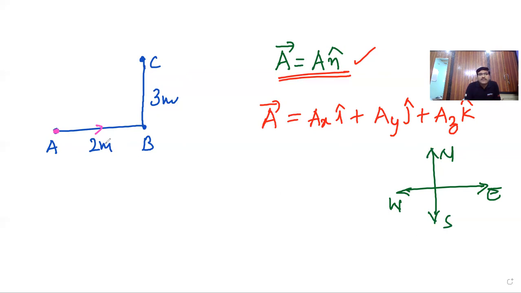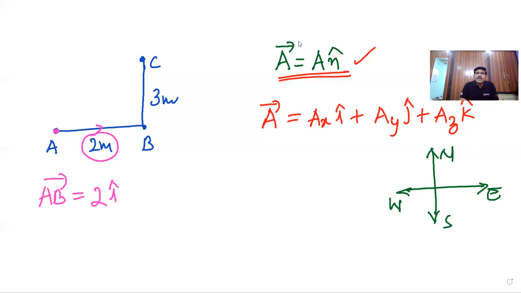Now, what is the vector form? The AB bar vector is the magnitude of AB, which is 2 meters, into the unit vector towards positive x-axis, which is i cap. That's all. This is the AB bar vector.